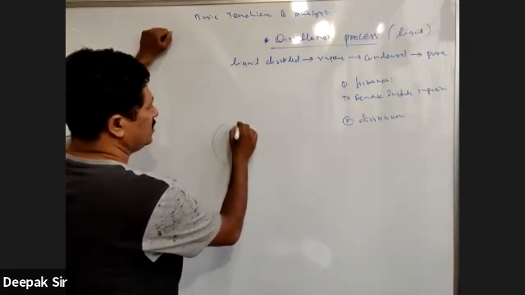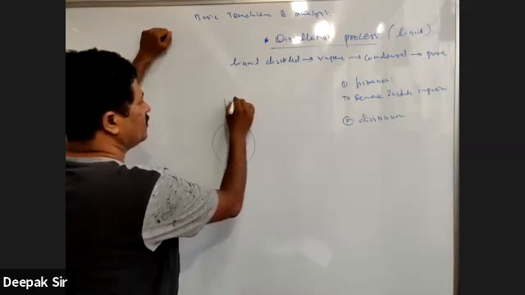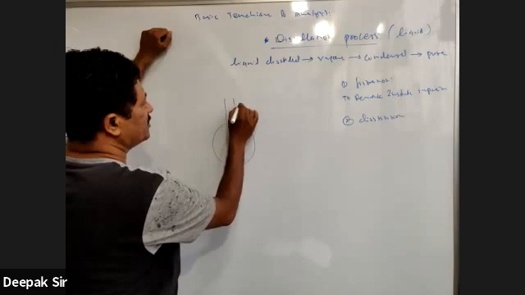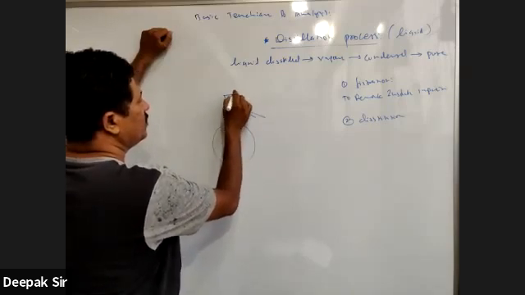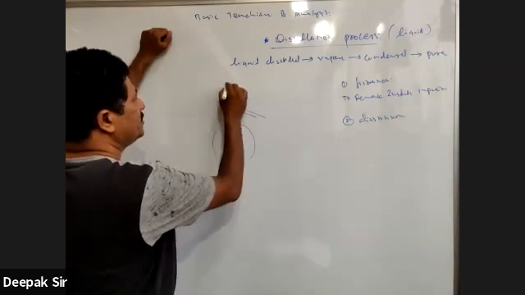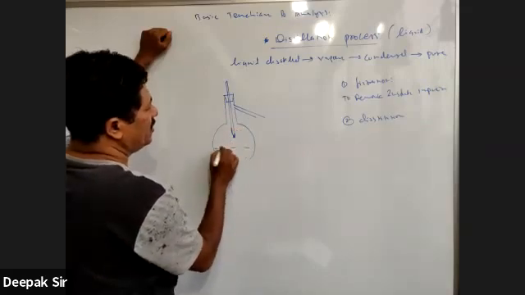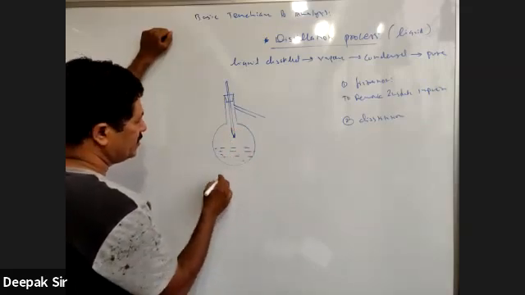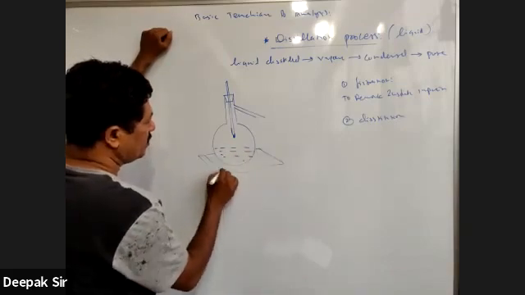Suppose this is the round bottom flask. The round bottom flask has a side arm, like this one. Here a thermometer is kept. Here is the liquid taken.